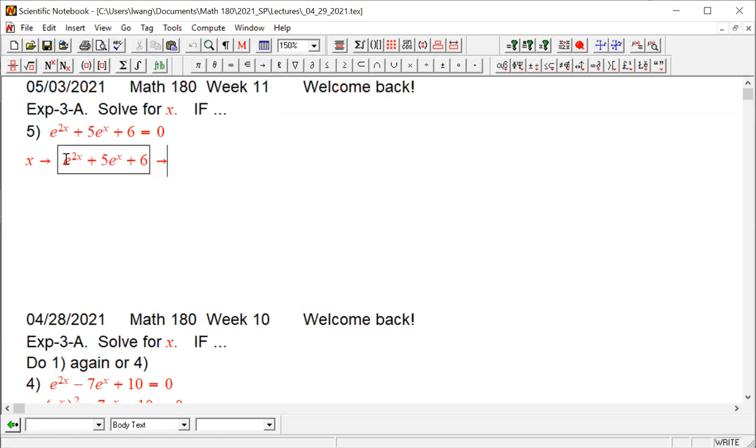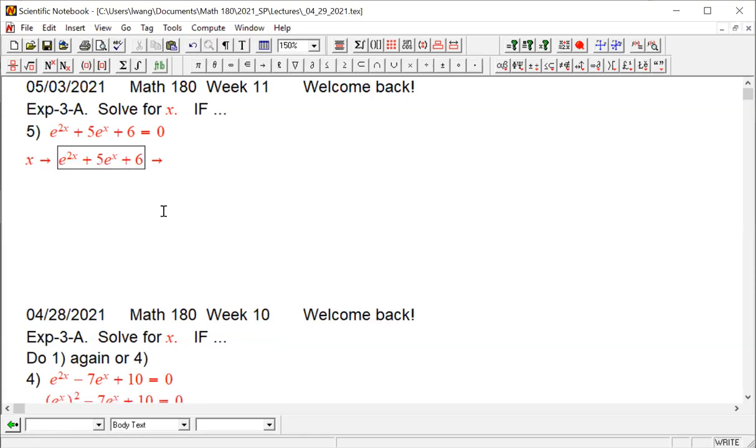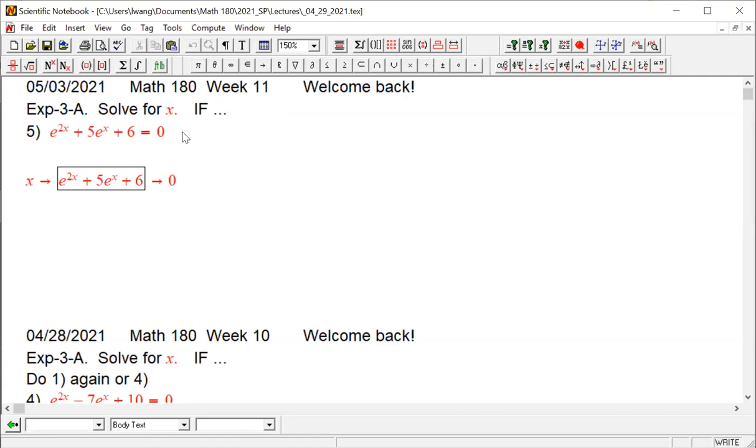But this time, we want the output to be 0. So we want to decide the input that will make that output equal to 0, right? So this is the context, and this is the narrative.